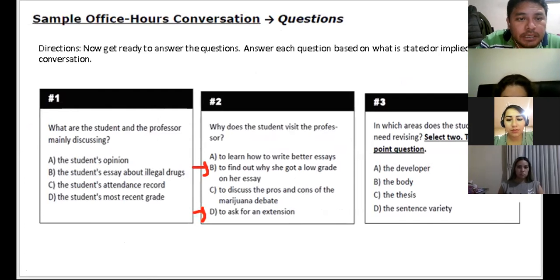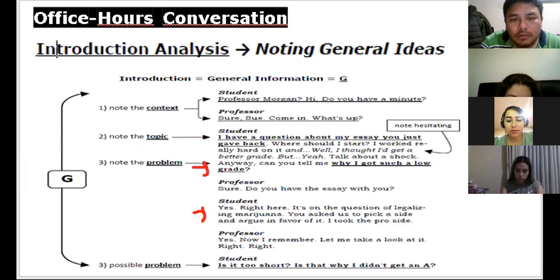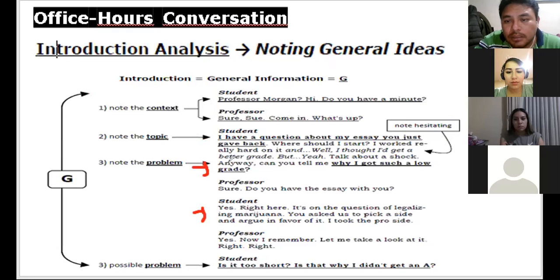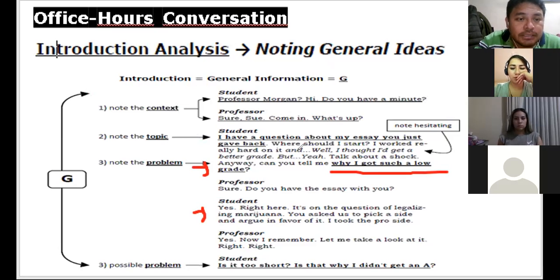As we said at the beginning, when we introduce the context, it says, why did I get such a low grade? She's introducing the problem about why she got a low grade, right? But it's only the starting of the introduction, okay? They're starting the conversation.